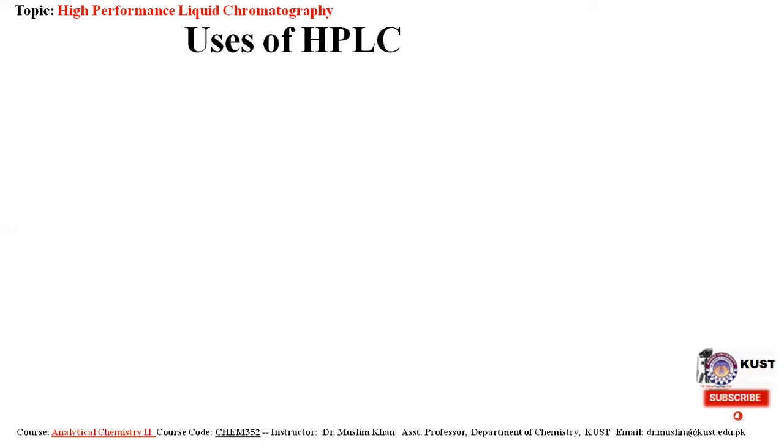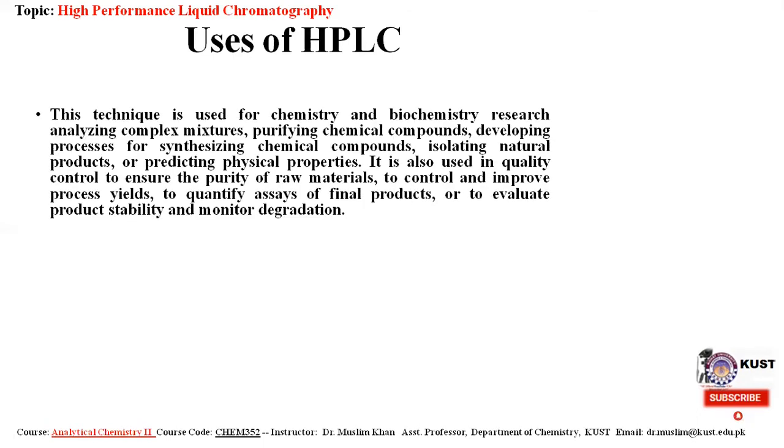So what are the uses of HPLC? This technique is used in chemistry and in biochemistry research, analyzing complex mixtures and separating different components of a mixture. It is used to purify different chemical compounds. Usually organic chemists purify chemical compounds which they synthesize in their lab, developing processes for synthesizing chemical compounds, also isolating natural products, also predicting the physical properties.